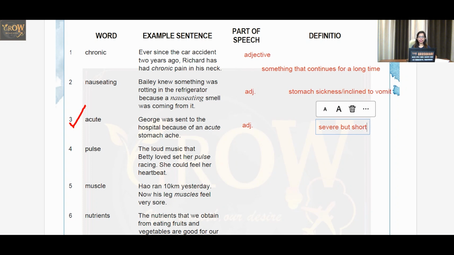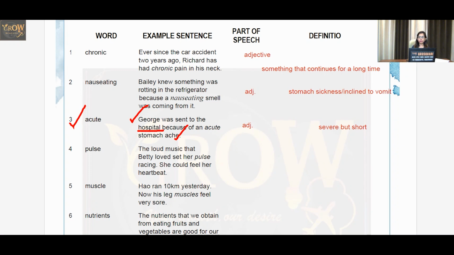So, let's see the example they have written. George was sent to the hospital because of an acute stomach ache. That means stomach में pain होने की वजह से George was sent to the hospital, right? So what we are seeing over here is that छोटे कम समय के लिए है चीज, but बहुत severe है. That means बहुत बुरे level पे tough है, ठीक है, bad condition.